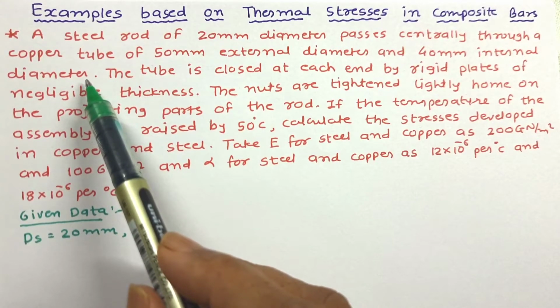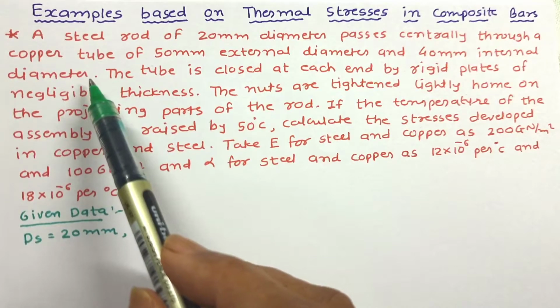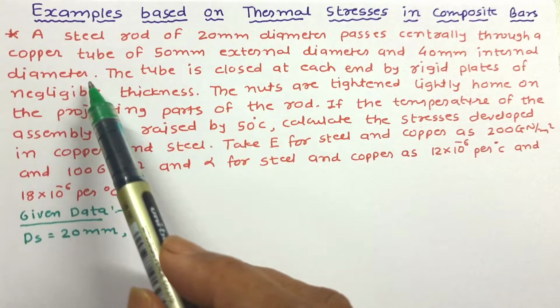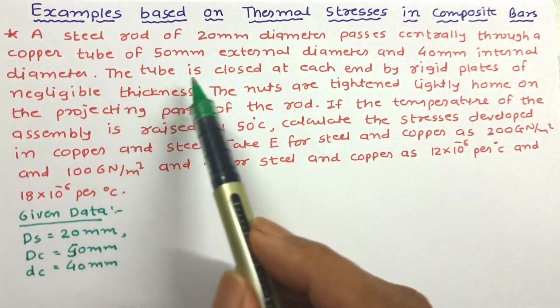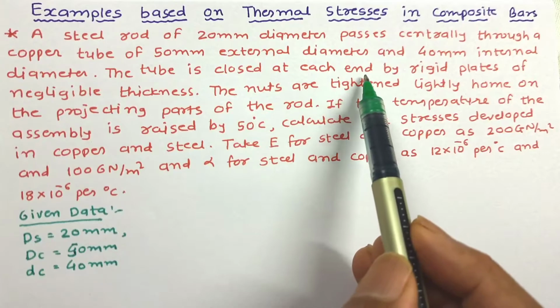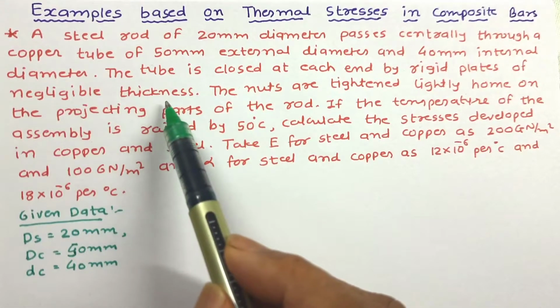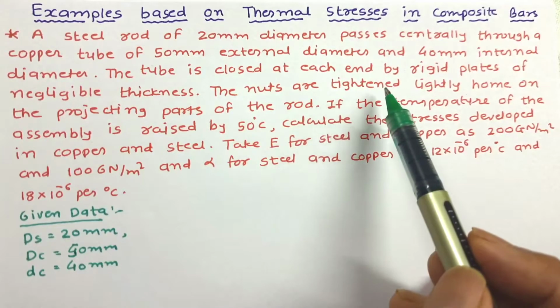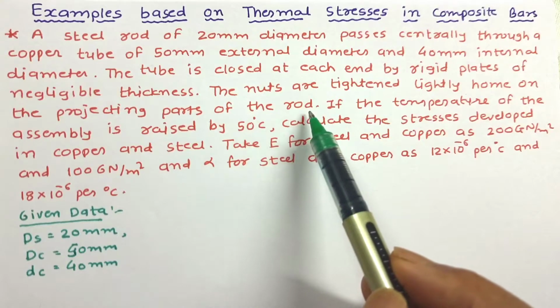So it is a solid steel rod, and a hollow copper tube is there. The tube is closed at each end by rigid plates of negligible thickness. The nuts are tightened lightly home on the projecting part of the rod.